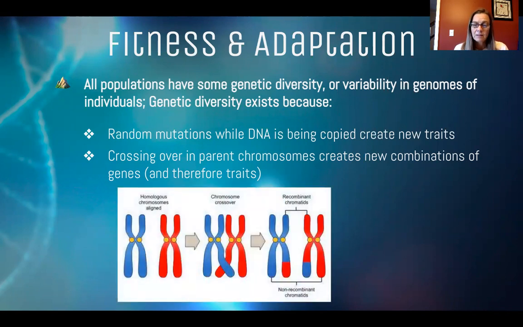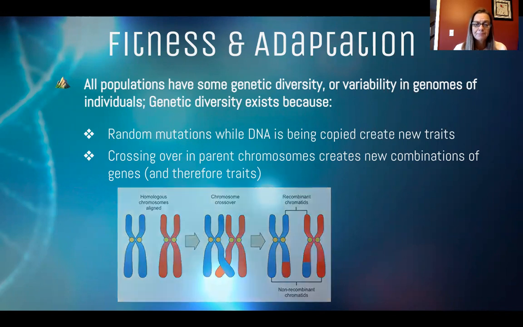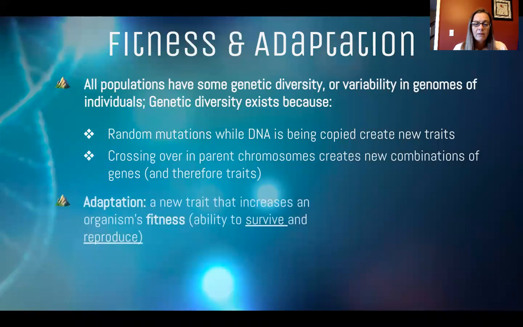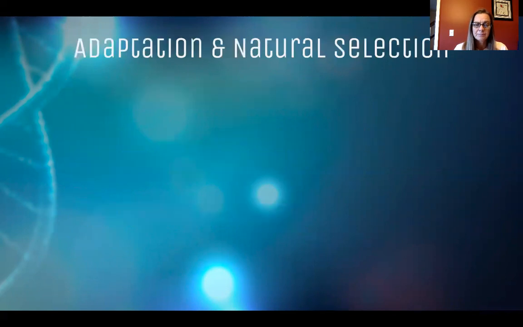When we have these aligned homologous chromosomes, we have chromosome crossover, and that creates new recombinant chromatids, and we have random mutation. When that new trait increases an organism's ability to survive and reproduce, we call that an adaptation.